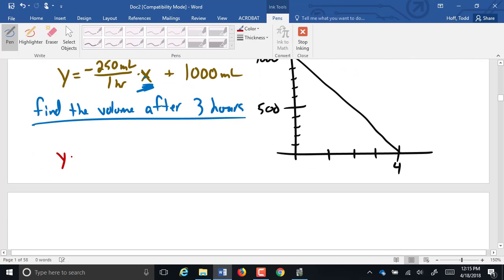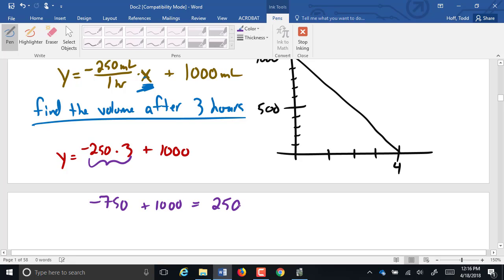So y equals negative 250. Now I'm going to leave off my units here. Times my 3 hours plus 1,000. Negative 250 times 3 is negative 750. Plus 1,000 equals 250 milliliters. So after 3 hours, there's 250 milliliters in there.